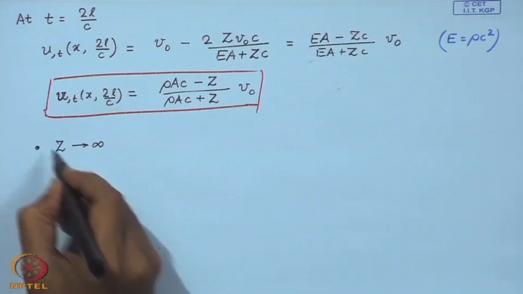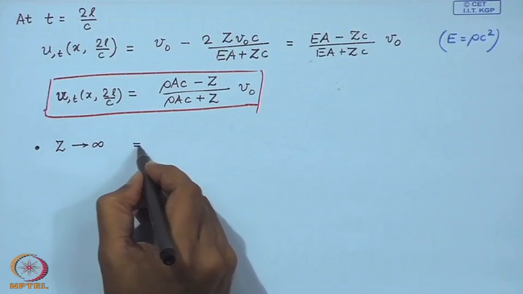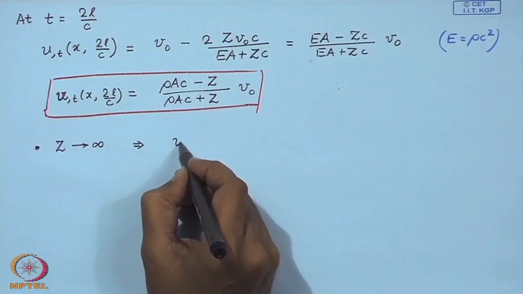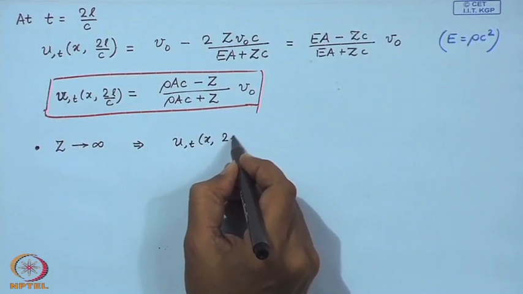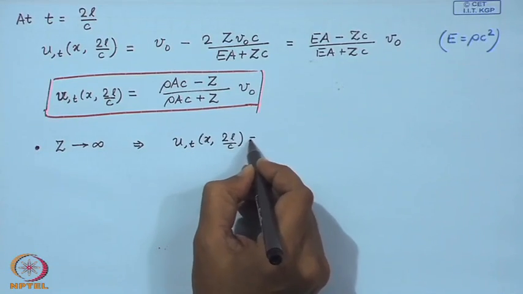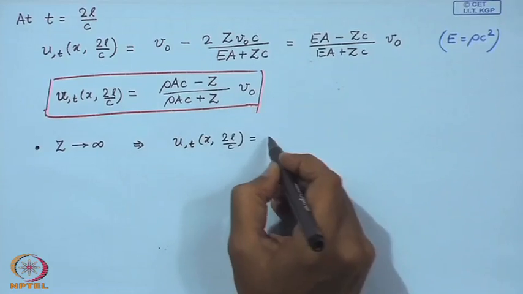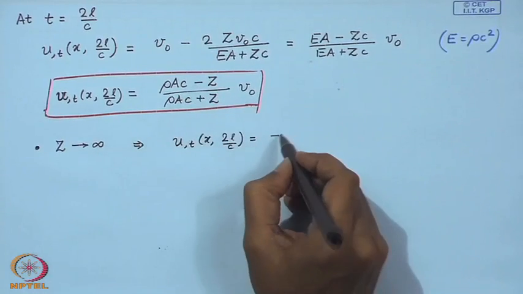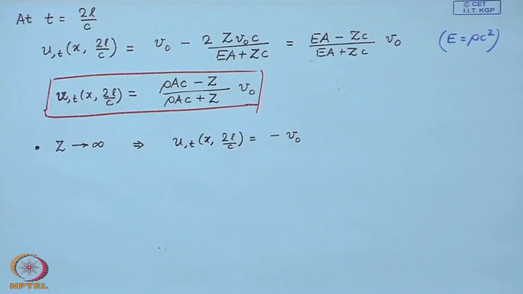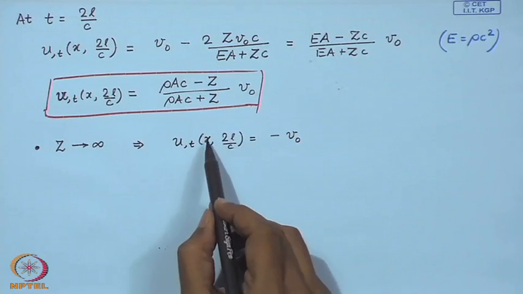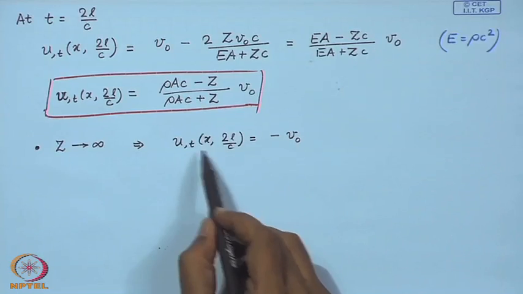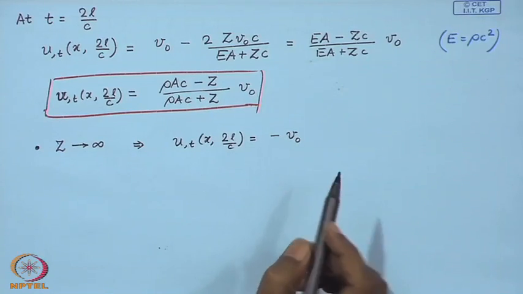In that case, if you take this limit, at all points of the bar the velocity is v naught.